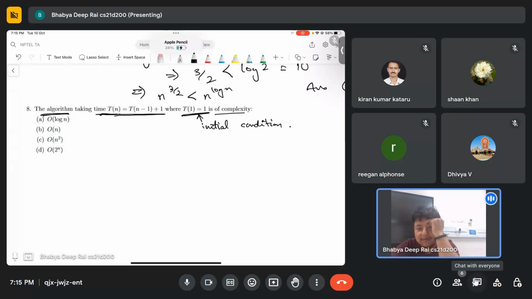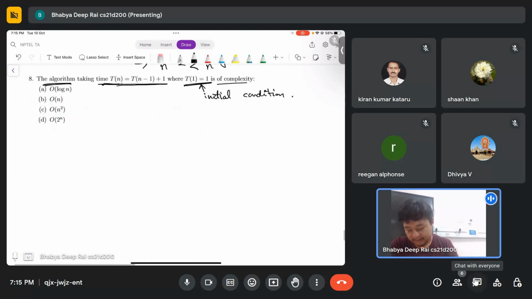We saw a similar one for same word sort. The idea, again, is to keep substituting for smaller and smaller values of T of n.